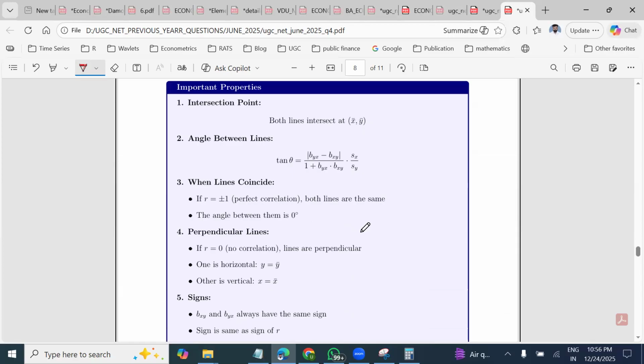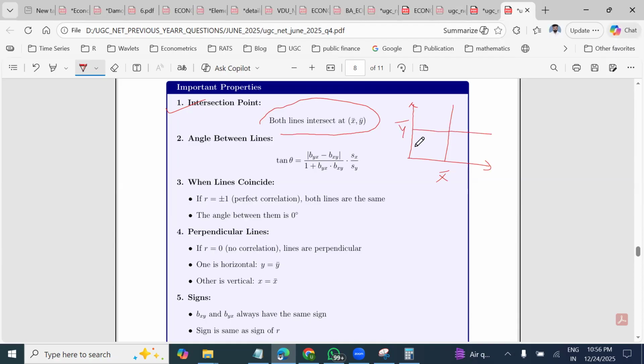But what you should remember is, at the intersection point, what are the important properties? Both lines intersect at x bar, y bar. Your regression line is like this. This is your x bar and this is your y bar.